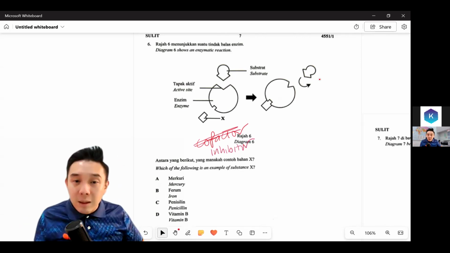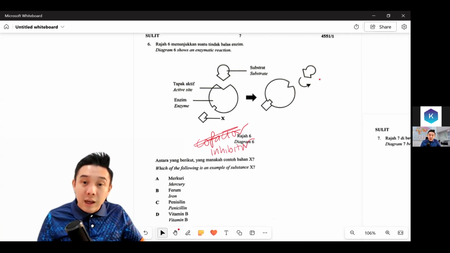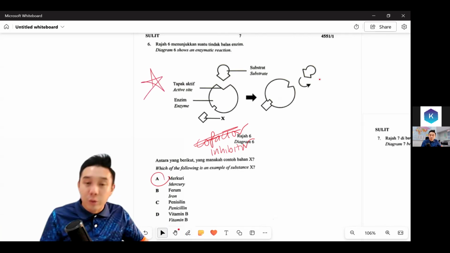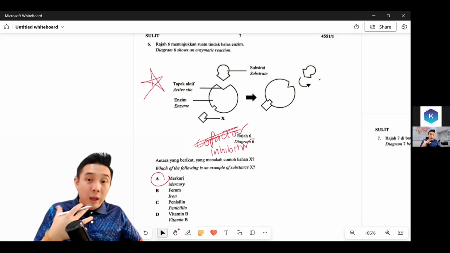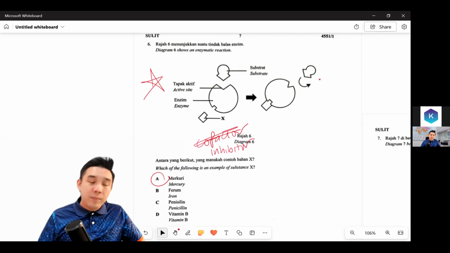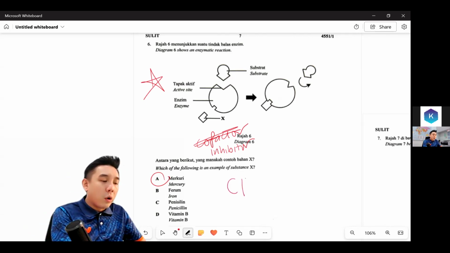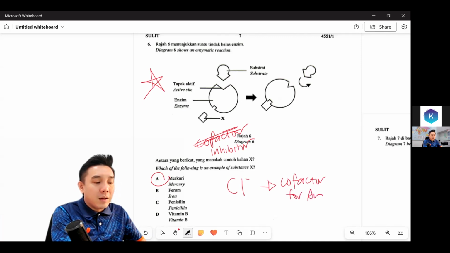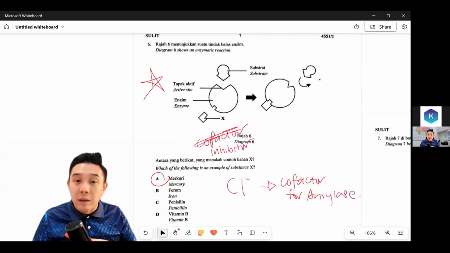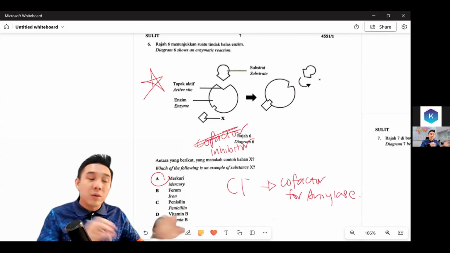Inhibitor means inhibit the function of the enzyme, and therefore this is mercury. Please take note, this is a good question. Cofactor is to help the enzyme to function better. Example, chloride is a cofactor for amylase. Cofactor for amylase means help amylase function more efficiently to break down starch.